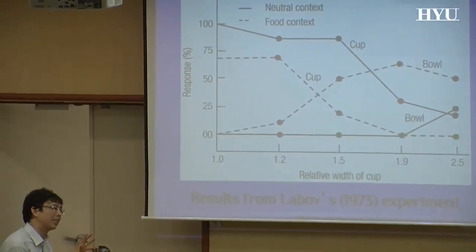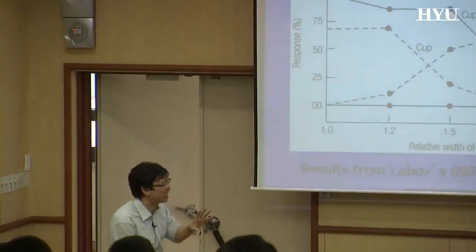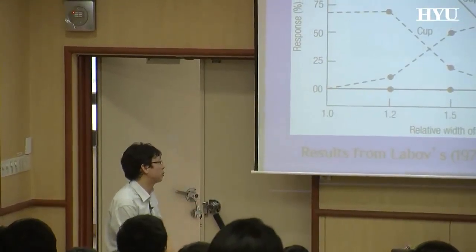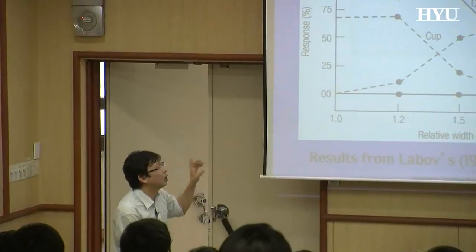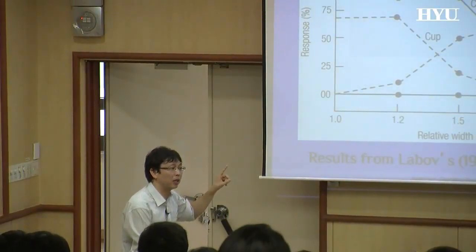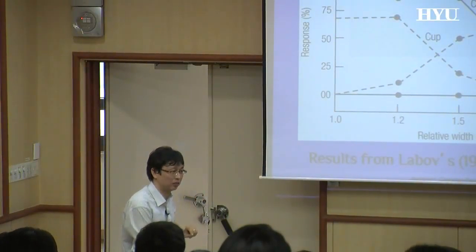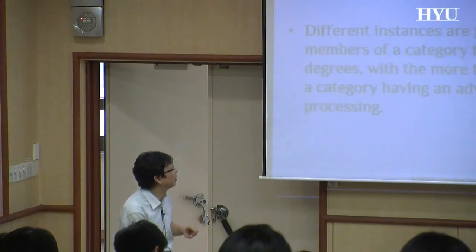So the context can help you to recognize it, but that is not so important in Labov's experiment. Labov's experiment is talking about how we are using schema to represent knowledge.